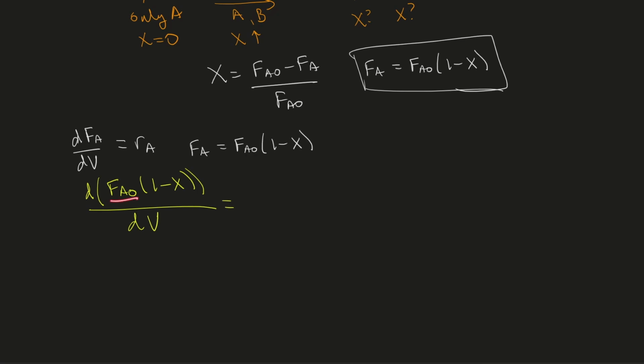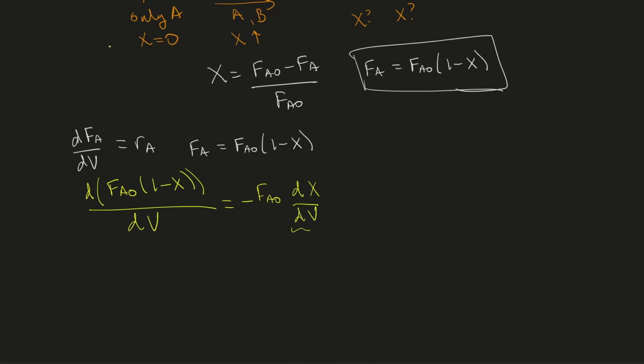First, this term FA0 comes out of the derivative, so we get FA0. And then now we have to take the derivative of this interior part, 1 minus X. The derivative of 1 goes away, that's 0. And then this negative sign sticks with the X, so that'll come out of the derivative as well. So we have a minus sign here. And then we're left with dX, which does change as you go through the reactor, over dV.